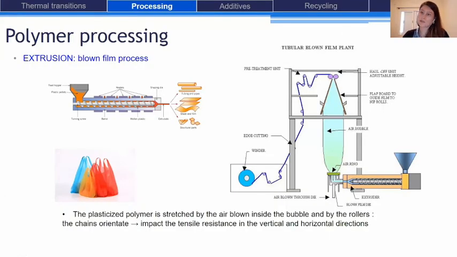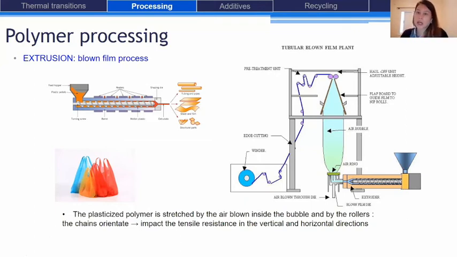So during this process, we have the air that enables to increase the diameter of this bubble. During this process, we have the modification of the orientation of the chains. So we have chains that are going to be more aligned along the circumference of this bubble.